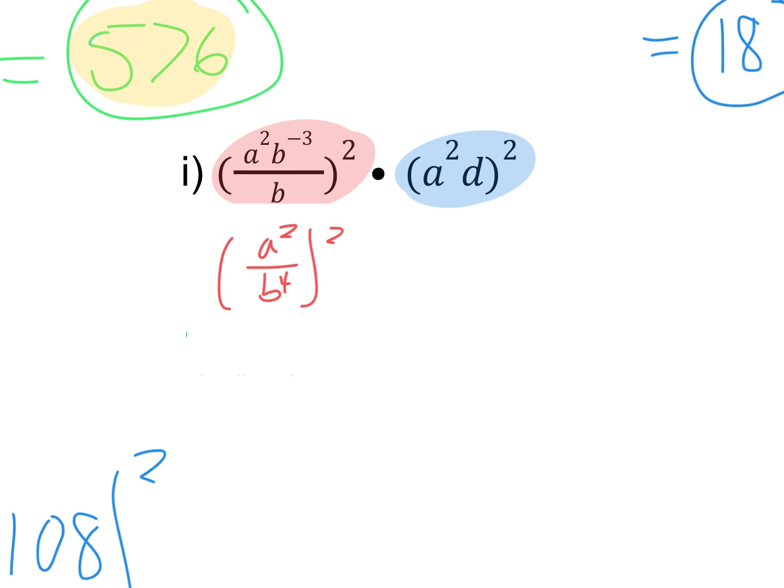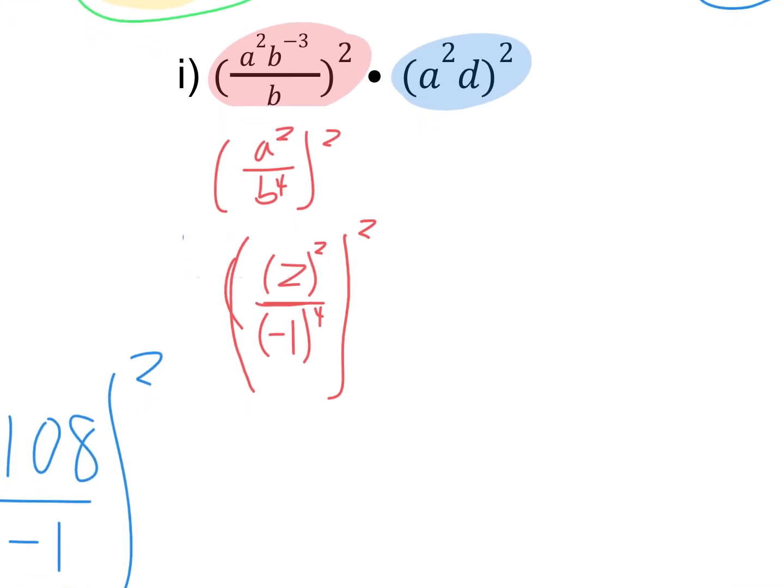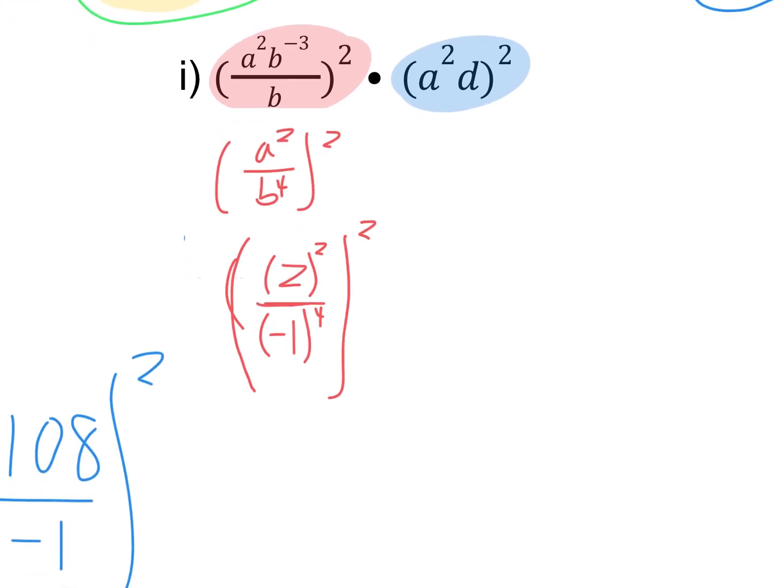Now I'll substitute in the values. So a is 2, so I have 2 squared in the numerator, and then b is negative 1, and that is in the denominator, and that's getting the power of 4 applied to it. All of that is raised to the power of 2. So this won't actually be too bad. So in my numerator, 2 squared is 4.